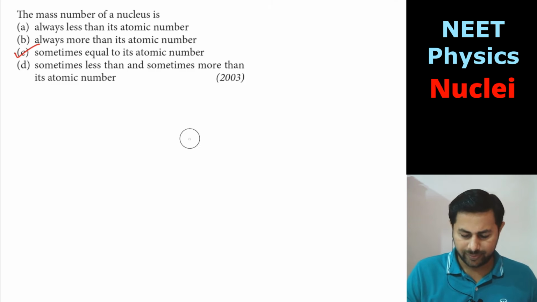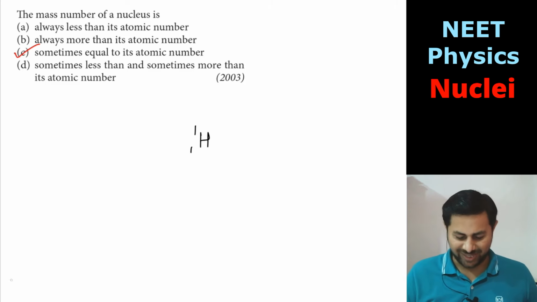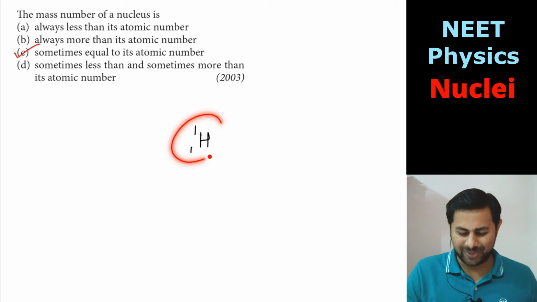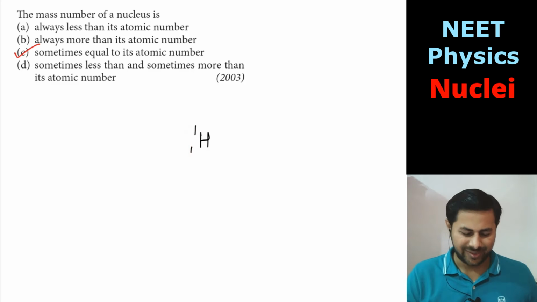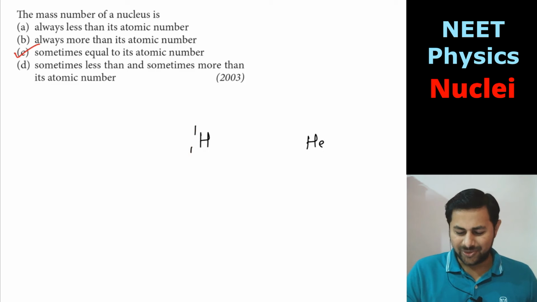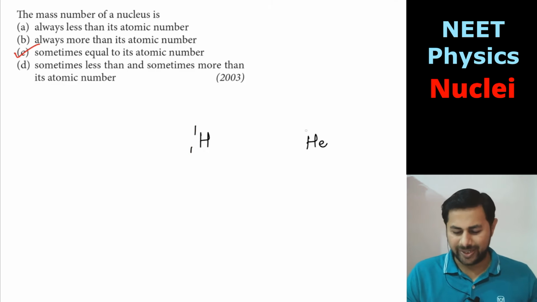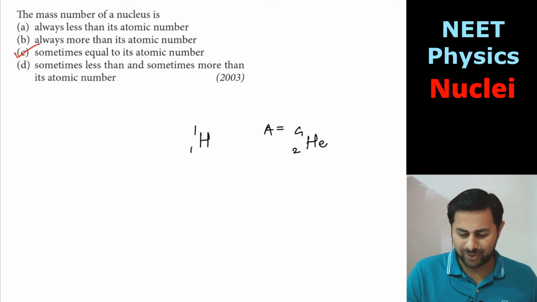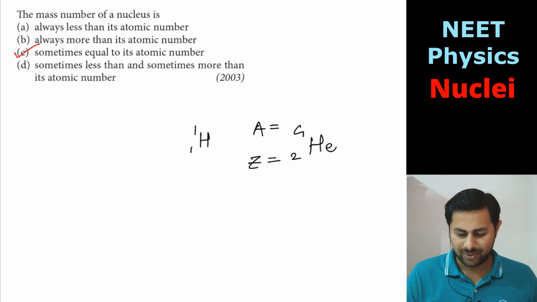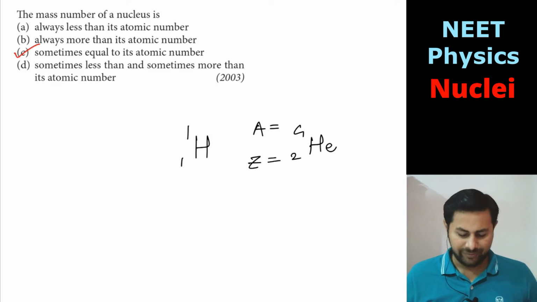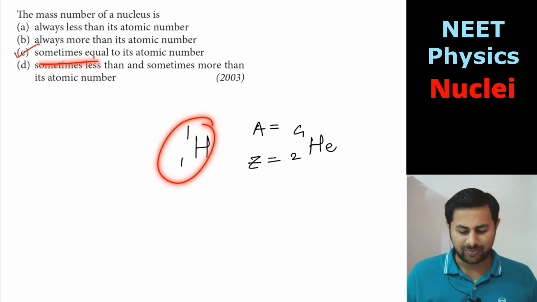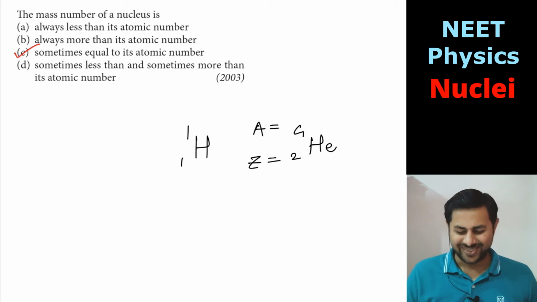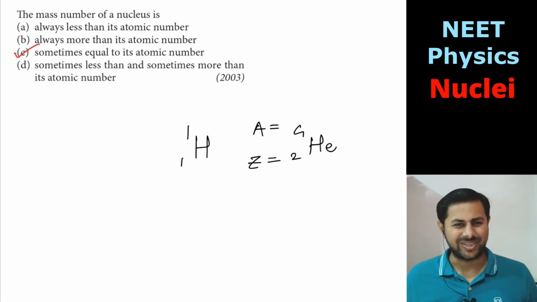Hydrogen 1 1, right? Atomic number and mass number are the same. Apart from that, for any other nucleus the mass number would be greater, right? He 2 4. So A is equal to 4, Z is equal to 2. But there is this exception, and that's why sometimes it is equal to atomic number. It's not sometimes, it is only once.